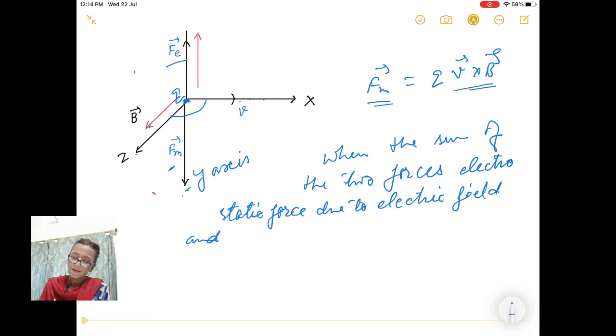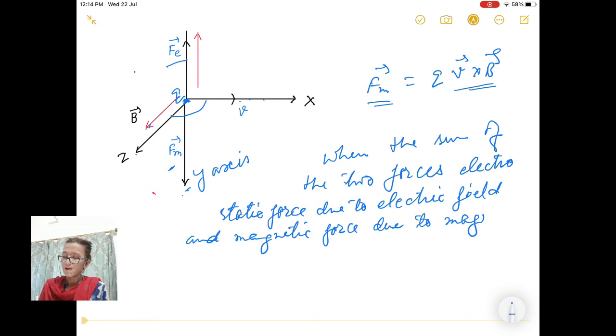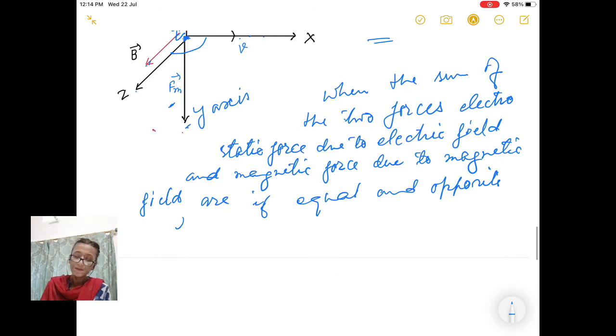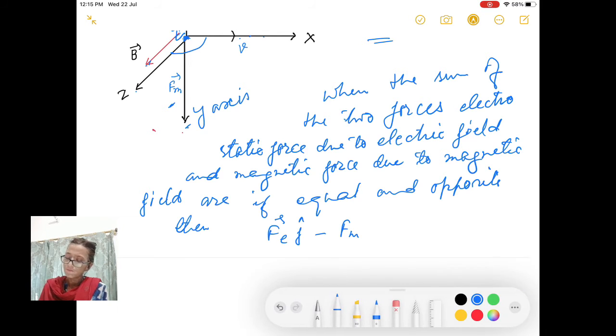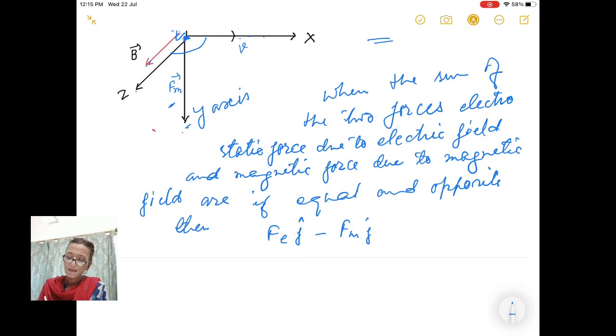If the two forces, due to the electric field and due to the magnetic field, are equal and opposite, then the electrostatic force, which is along the positive y-axis, that is plus j cap, and minus the magnetic force, which is along minus j cap.